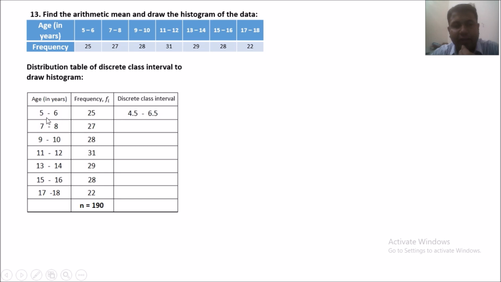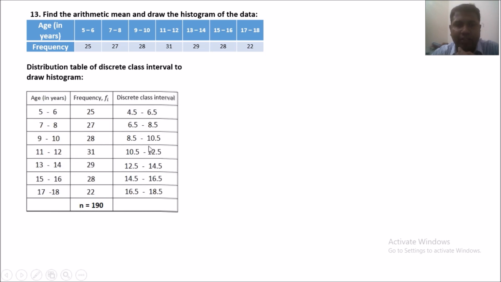And how we are going to find out, you can understand that if we subtract 0.5 from 5, we get 4.5. Similarly, if we add 0.5 with 6, we will get 6.5. The next number, that is 7 to 8, if we subtract 0.5 from 7, we will get 6.5. And if you add 0.5 with 8, we will get 8.5. And the rest of the numbers we just write this way: 8.5 to 10.5, 10.5 to 12.5, then 12.5 to 14.5, 14.5 to 16.5, 16.5 to 18.5.